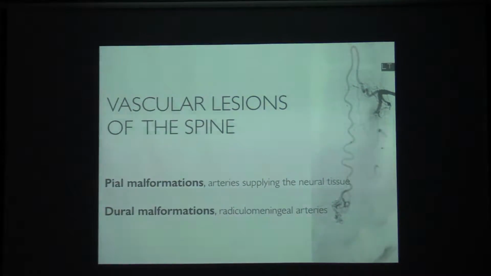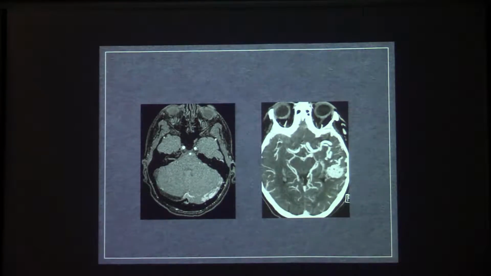Another way to look at the spinal malformation, and this is important for people who are doing diagnostic imaging, is the differentiation between pial malformation and dural malformation. I brought you this image from a previous lecture I had here, probably with other residents, that was talking about brain malformations.